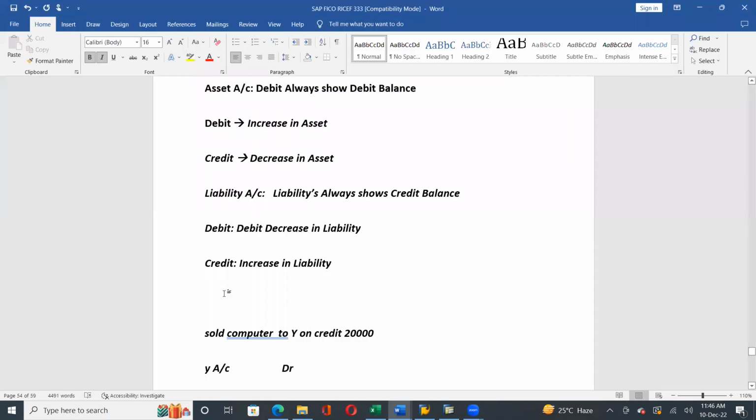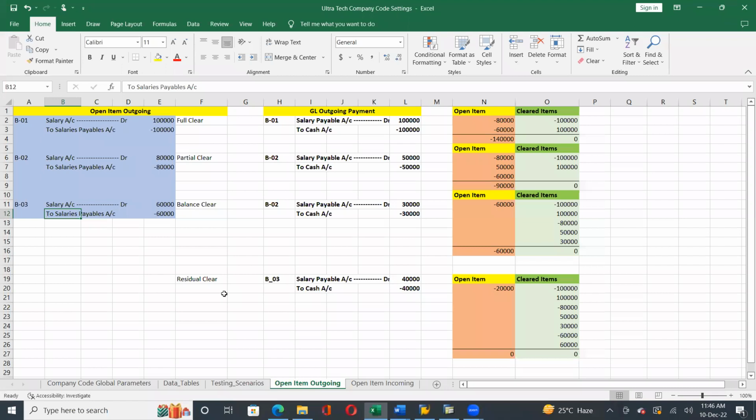Can you please repeat once? See here. What is salaries payable? Liability. Why? It means we still need to pay, right? For example, we are in the month of December now. November month salary we need to pay by 30th of November. Till that 30th, it is considered an expense.